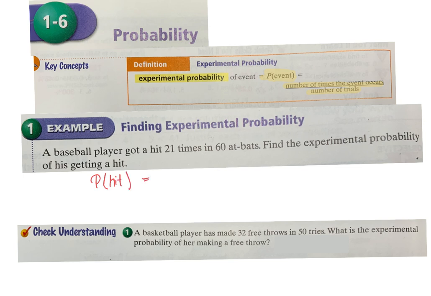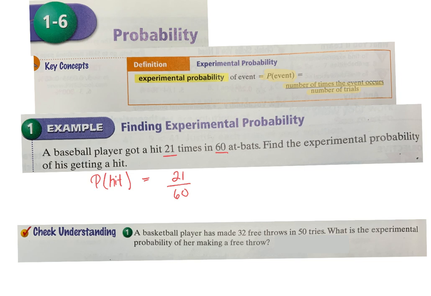So we're going to put the number of times the event occurred, that's 21, over the number of times that he actually tried it. That is 60, all right? Typically, probability is done in percentages, not always, but typically. Sometimes they'll say 21 out of 60, but for at-bats, you're definitely going to hear a percentage there. And so you do want to convert it to a percentage.